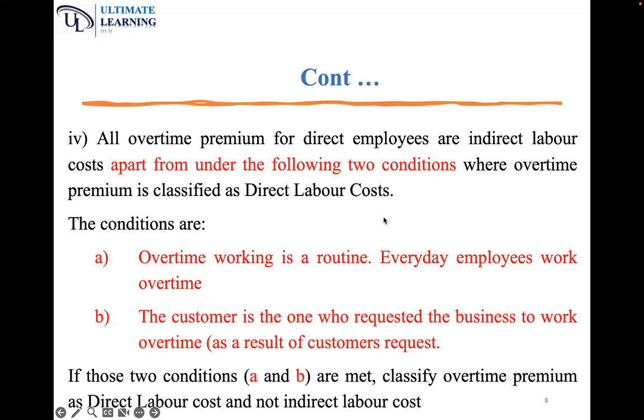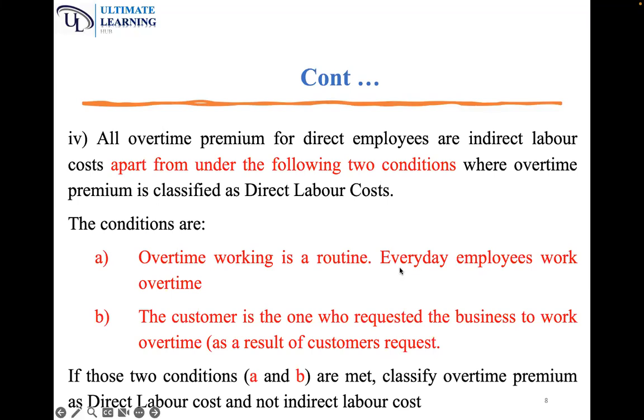Otherwise, basic pay for standard hours and basic overtime are direct, while overtime premium and allowances are indirect. But there are certain cases when overtime premium is removed from indirect and taken to direct. What are the two conditions?